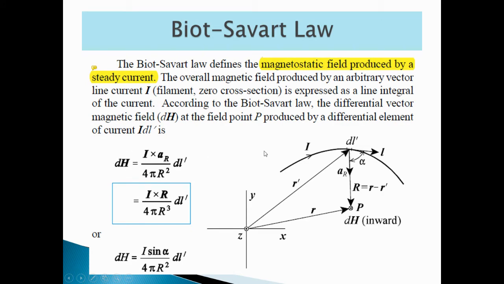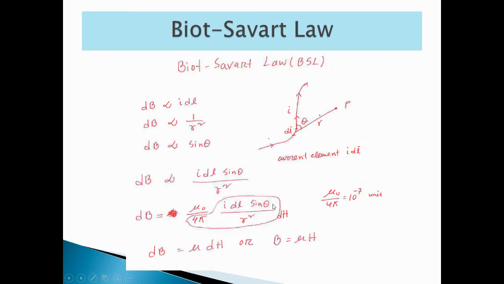But the thing is, this is the magnetic field. So how can we calculate the magnetic flux now? The Biot-Savart law says that if there is a wire with current passing through it, and a point P where we need to measure the flux due to this wire, then there are a few laws we need to follow.